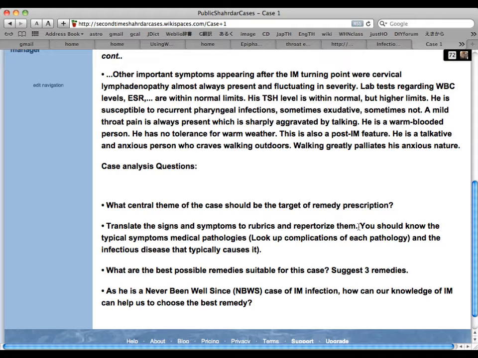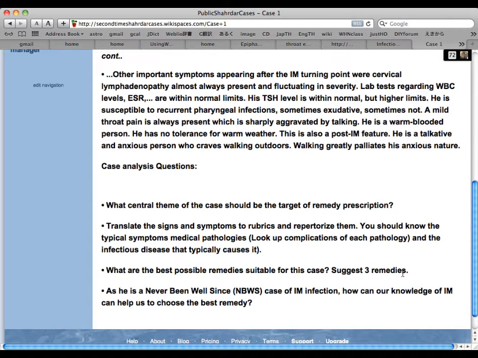You should know the typical symptom medical pathologies. Look up each pathology. And we're going to talk about looking up here. And the infectious disease that typically causes it. What are the best possible remedies suitable for this case?